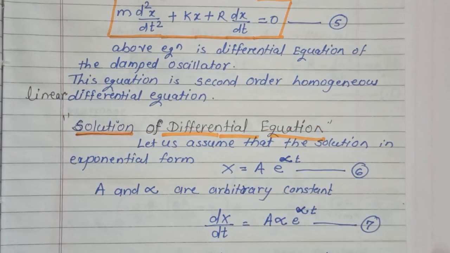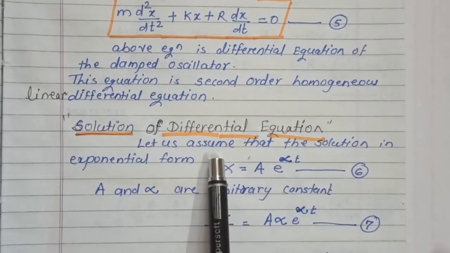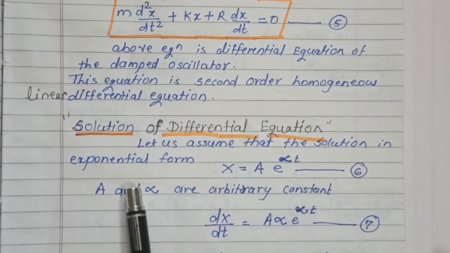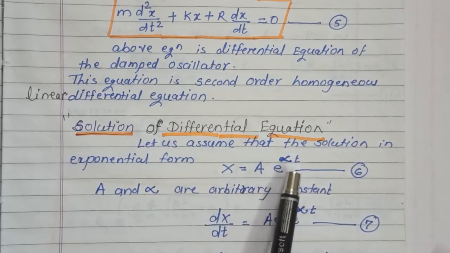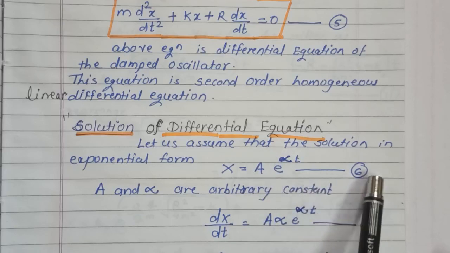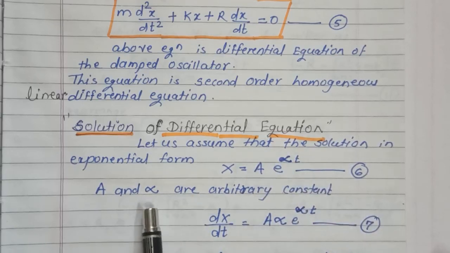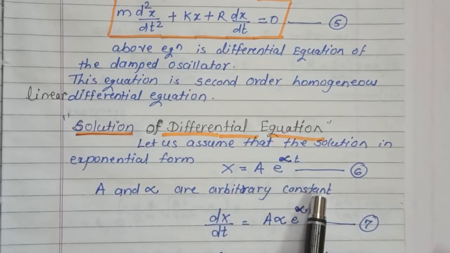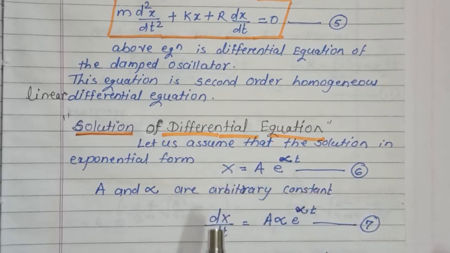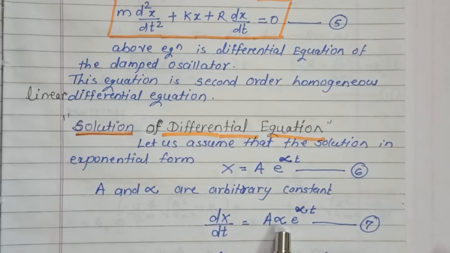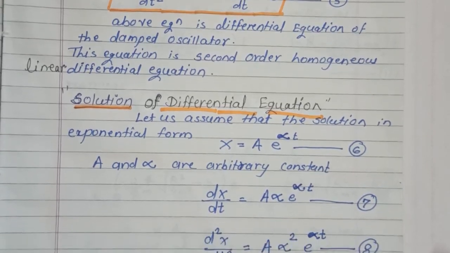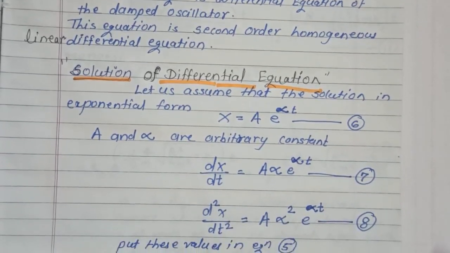Let us assume that the solution in exponential form is x is equal to a e raised to alpha t, equation number 6. a and alpha are arbitrary constants. Now take the derivative. dx by dt is equal to a into alpha into e raised to alpha t, equation number 7. Take the second derivative.